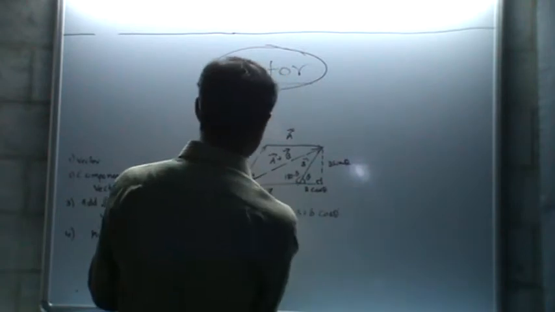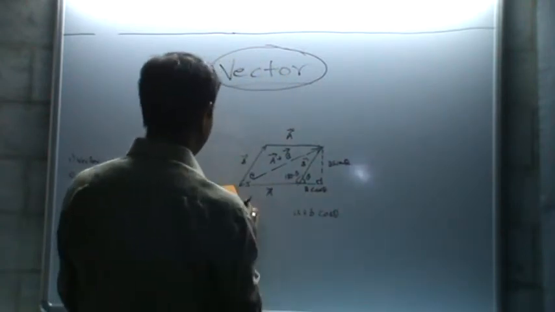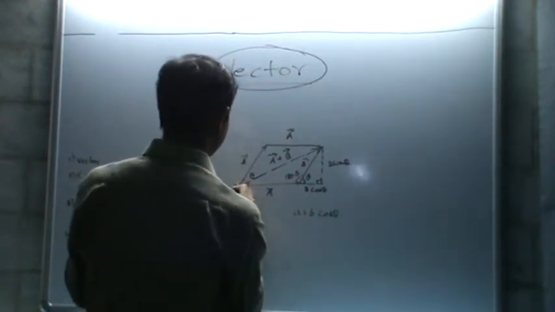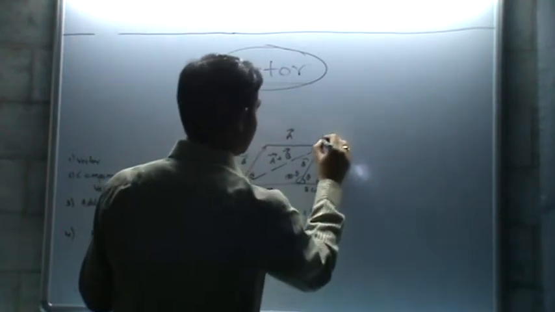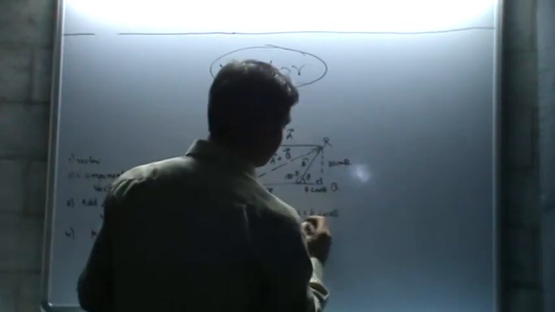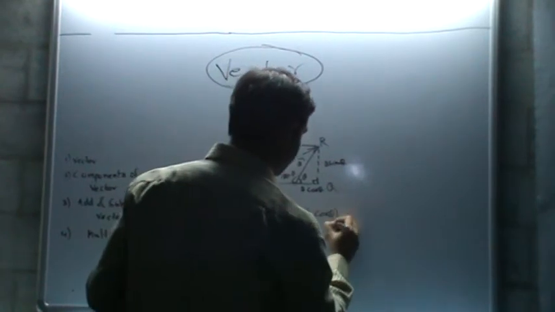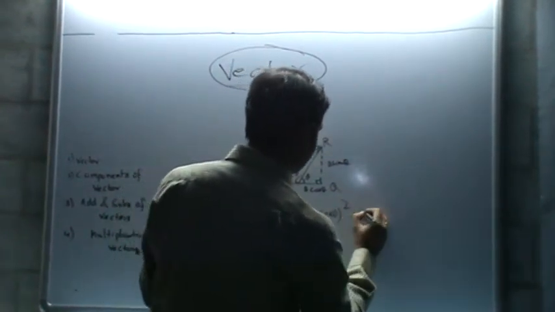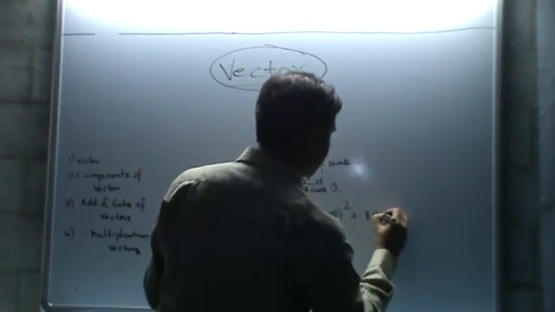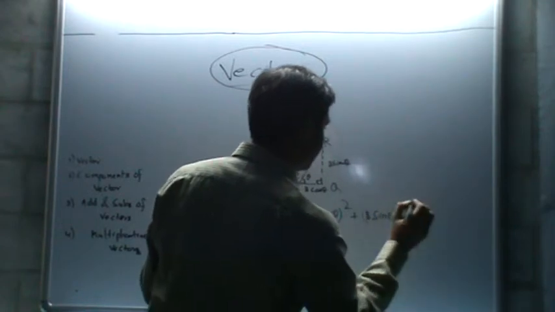Now this length is A. Let's say P, Q and R. So this becomes (A plus B cos theta) whole square plus (B sin theta) whole square.